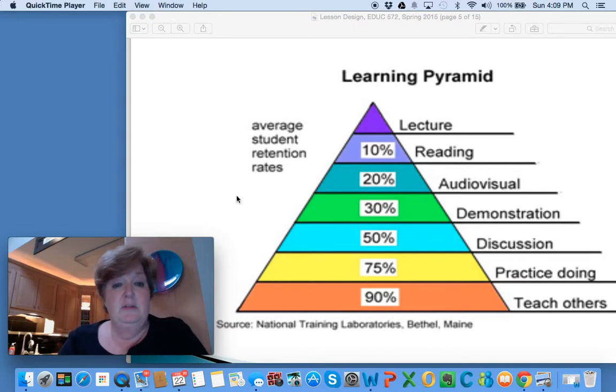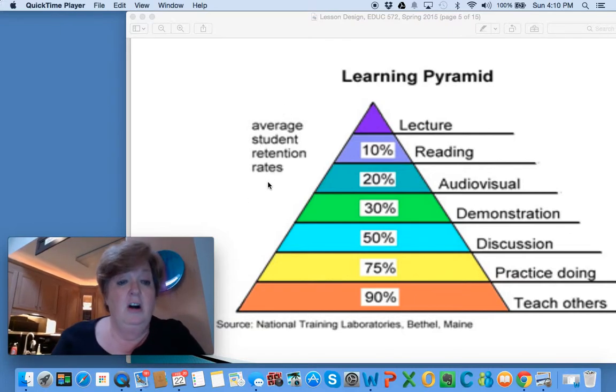That concept is reinforced by this visual, and I just wanted to include it because I think about what I'm doing with you right now. I'm doing lecture basically with you right now, and that means that if you only heard me give this talk about planning lesson plans, you would probably not retain any of it. So I want you to think about that as you are planning your lesson.